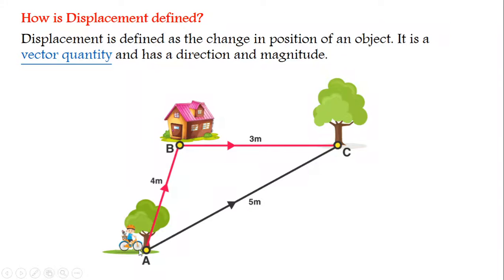In displacement, we see how far the object has moved from A to C. So the displacement is 5 meters here and the distance is 4 plus 3, 7 meters. Always the displacement is less than or equal to the distance.